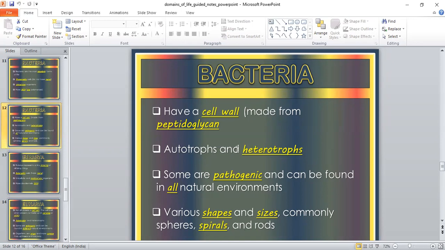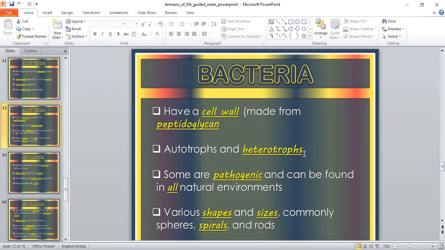They are autotrophic in nature, and they are heterotrophic in nature. Both categories are found in the bacteria. Autotrophic means the organism which can synthesize their own food by themselves, like plants. Some of the bacteria, not all, only a few groups, can synthesize their own food.